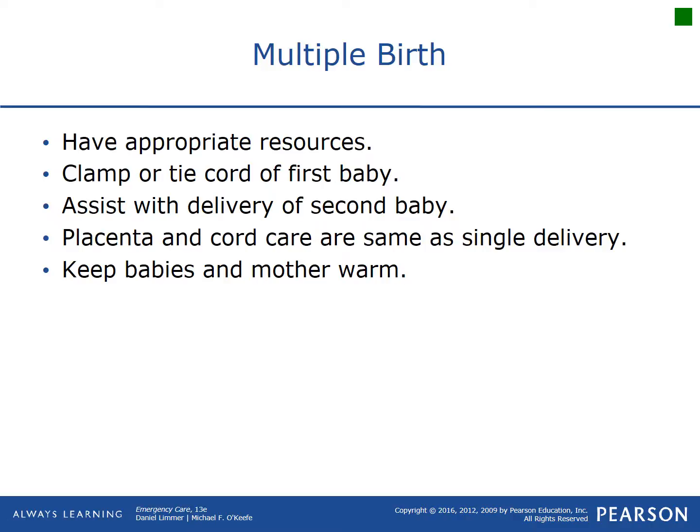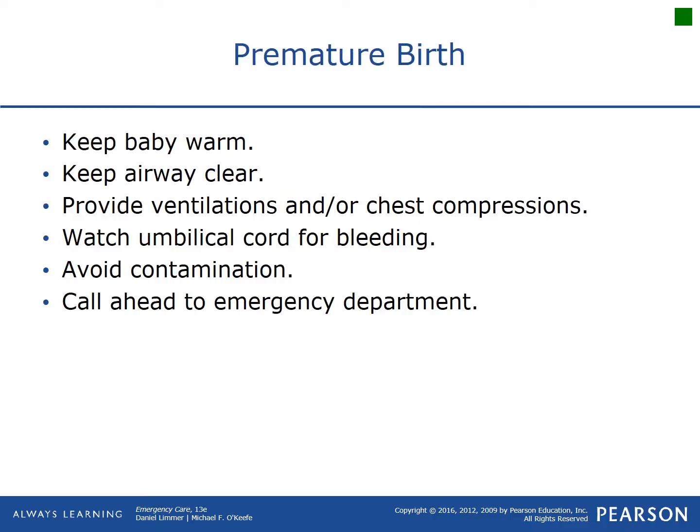This is now going to be an MCI event because you're going to have a couple care providers and a few babies. Make sure you have enough resources to deliver these babies, enough OB labor and delivery kits, enough clamps, and enough hands to handle all of these babies. If it's going to be imminent delivery, you need to be sure that you're getting plenty of help on the way.